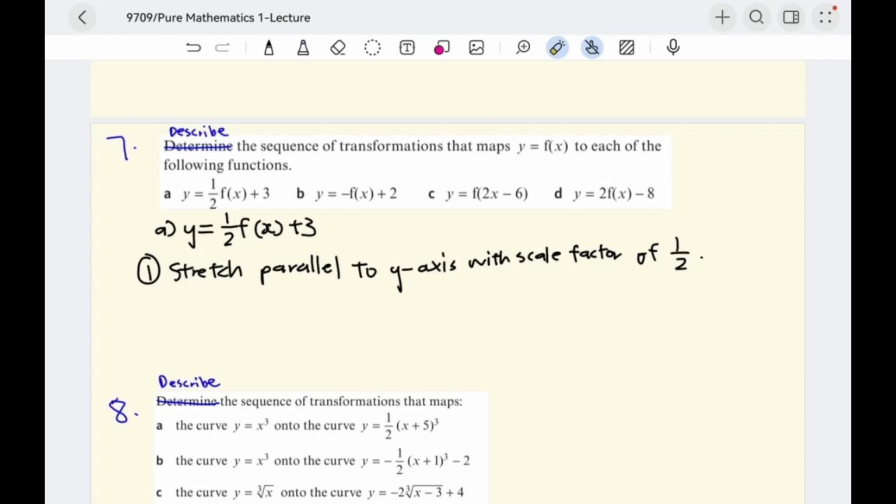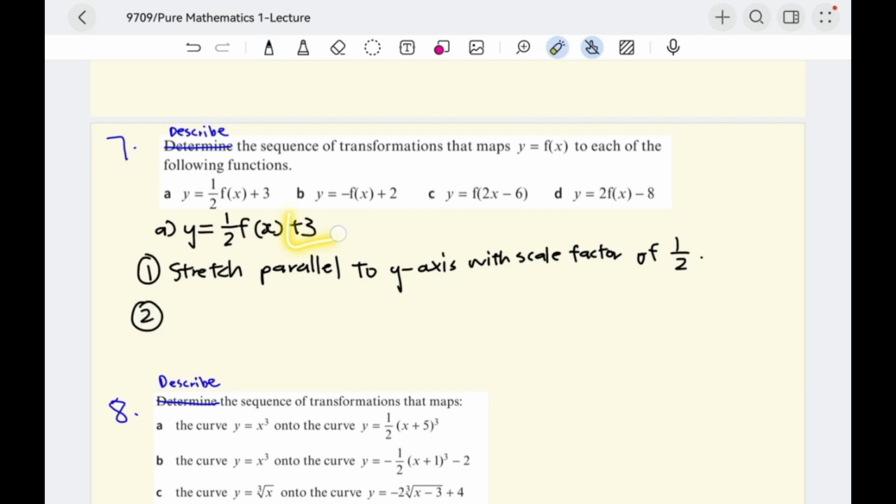Okay, if not, the examiner won't understand what you answer. Okay, what is the answer that you want to present? And the second order is translation.